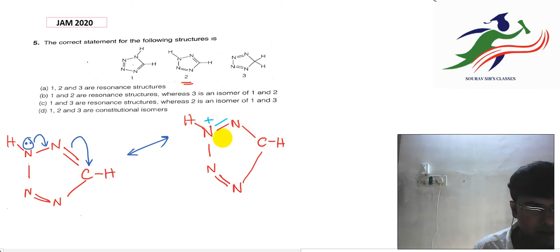Here we'll have a plus charge. This lone pair has been lost, and a minus charge because this pi bond now migrates over carbon.